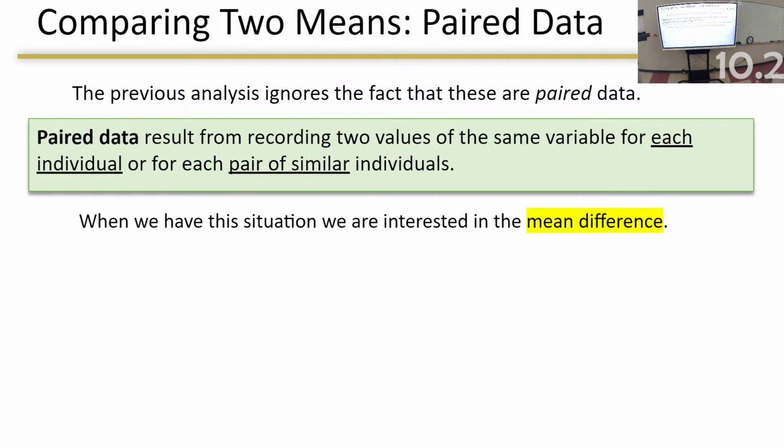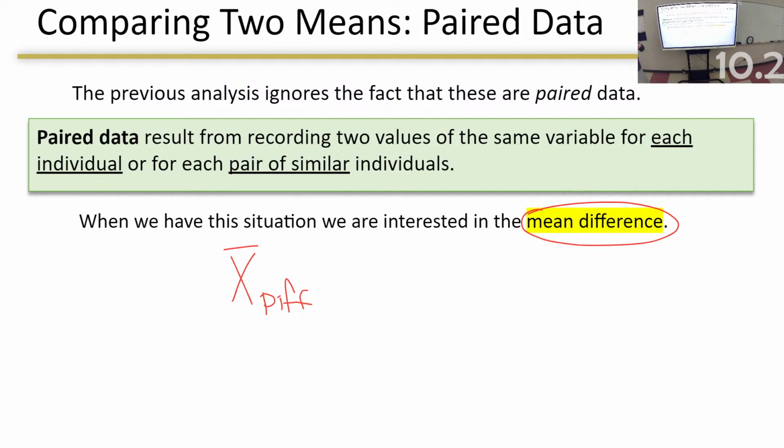When we have this, we are interested in the mean difference. Think about what that is here. The mean is the average. The average of the differences. X bar of the differences.